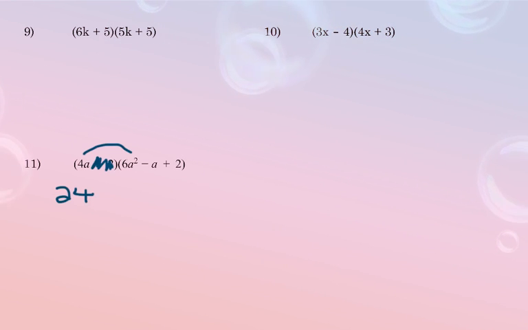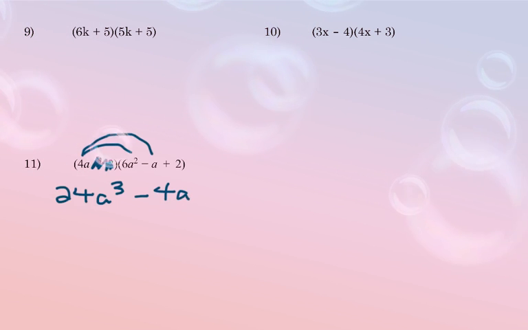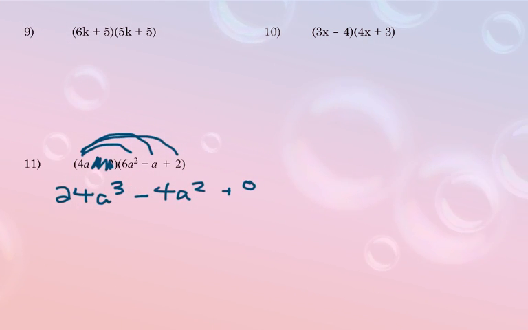We've now multiplied 3 a's together. 4a times -a. 4 times, that's a -1. -4. A times a squared. Now I just have to do it one more time. 4a times 2. 4 times 2 is 8. Keep the a.